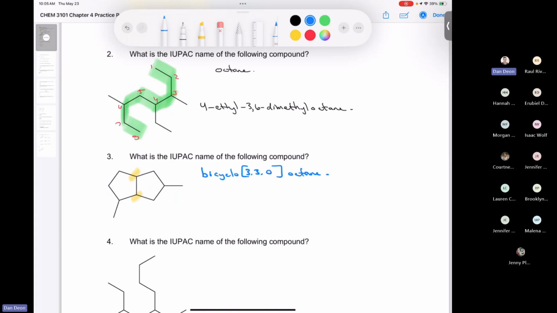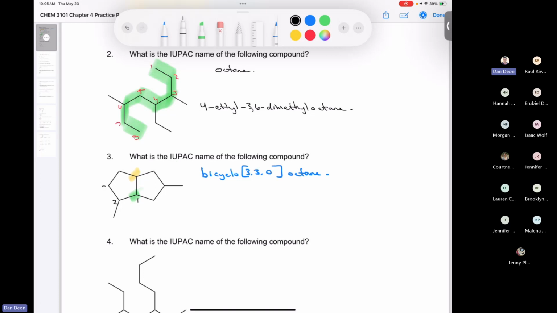Now, as far as where we start numbering, if I put this bridgehead in yellow and this bridgehead in green, we should start at the one in green because then we can go 1, 2, and have a substituent at carbon number 2. Whereas if we start at the one in yellow, we wouldn't get our first substituent until carbon 3. So we go first substituent, the lowest possible number.